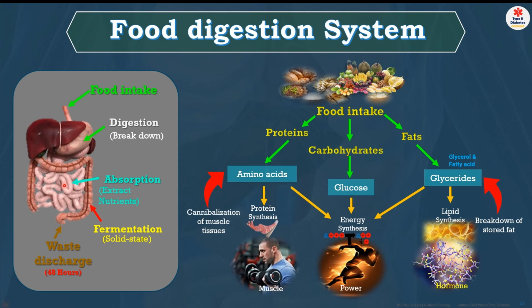Then the waste goes up, ferments, becomes solid, and is discharged as waste. Everything you eat mostly takes 48 hours, 2 days, to digest. You don't eat today and poop today; what you poop out is from 2 days ago.